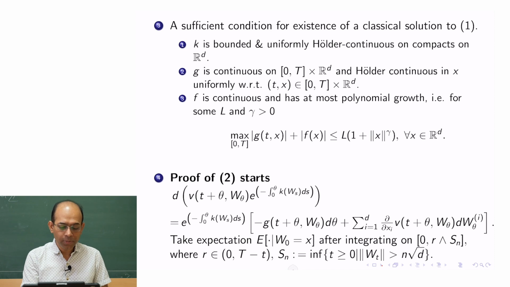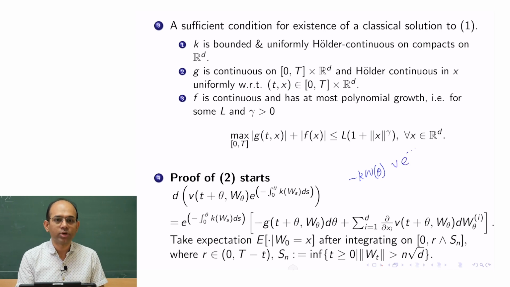If I do that, the derivative of the exponential term would give me minus k w theta, and then we are going to get exactly this v term and e to the power of this term from this side.